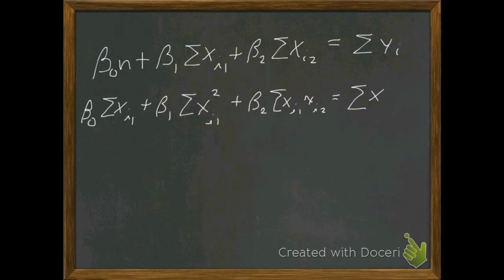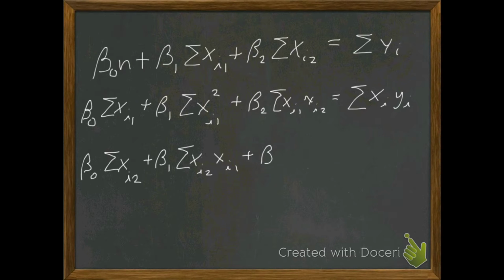Some x_i, y_i. And the third one, let's see, I forget, this could be x_i2 plus beta 1 sum x_i2 x_i1 plus beta 2 sum of the x_i2 quantity squared, and of course this is going to be equal to sum x_i2 y_i.